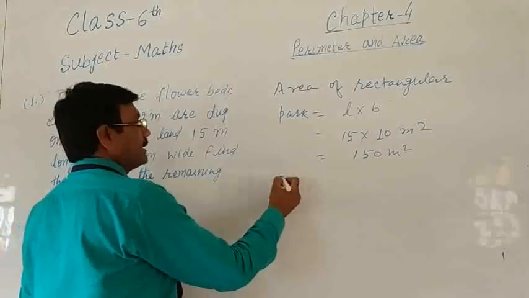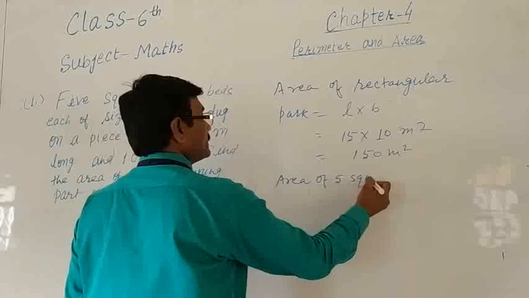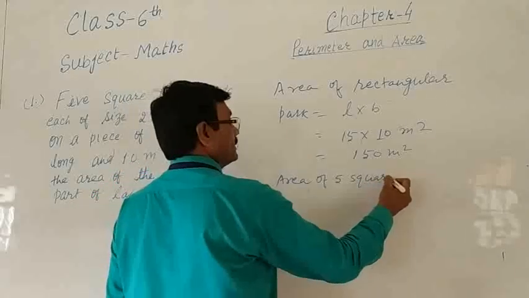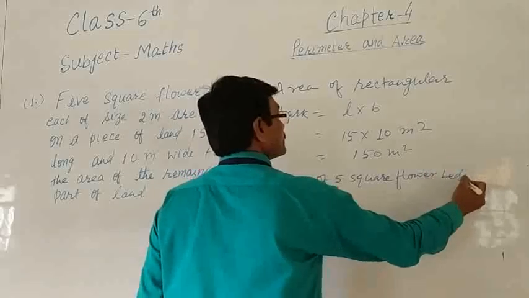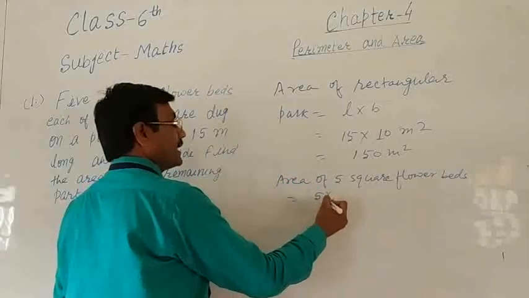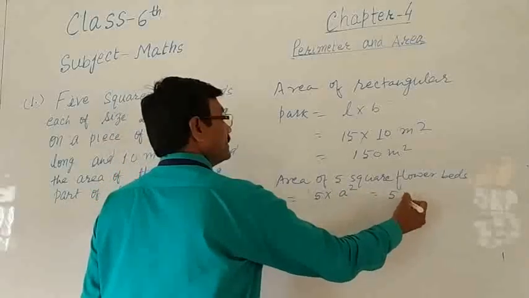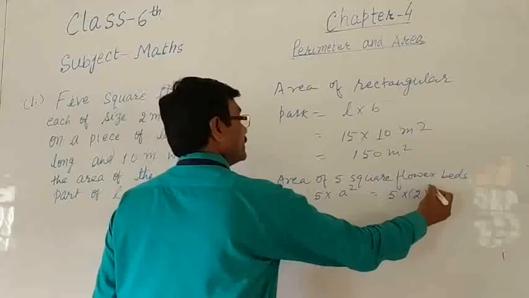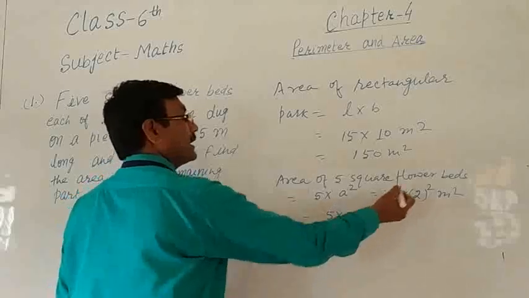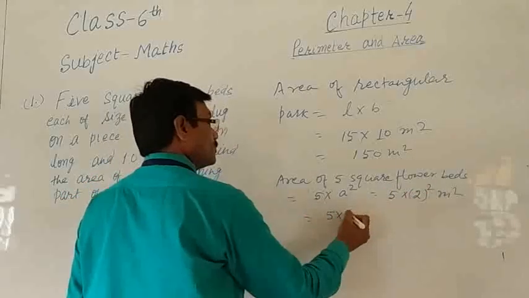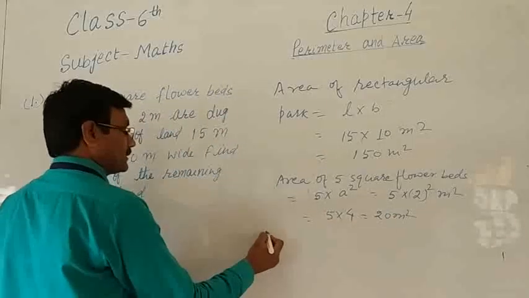Now area of 5 square flower beds is equal to 5 into a square. So 5 into 2 square meter square. Then it will be 5 into 2 into 2, 4 is equal to 20 meter square.